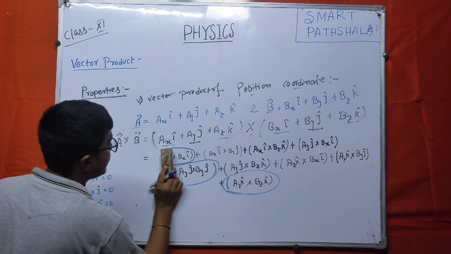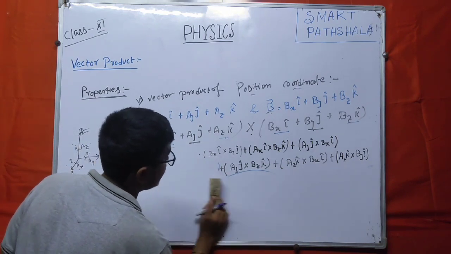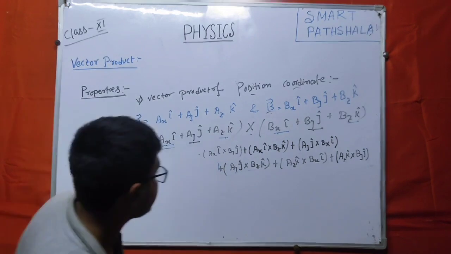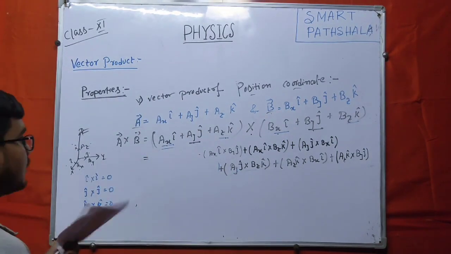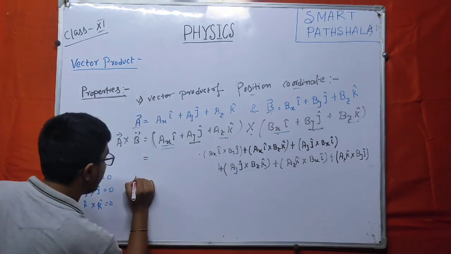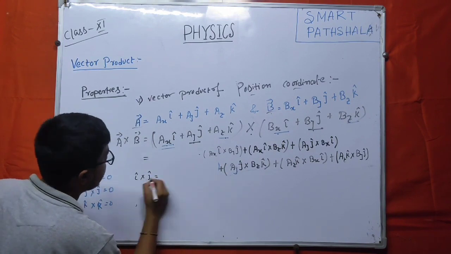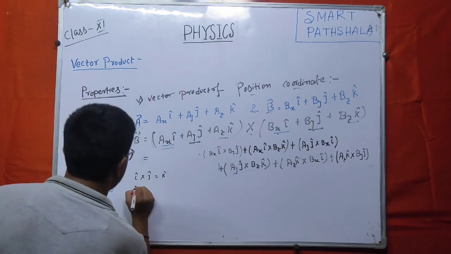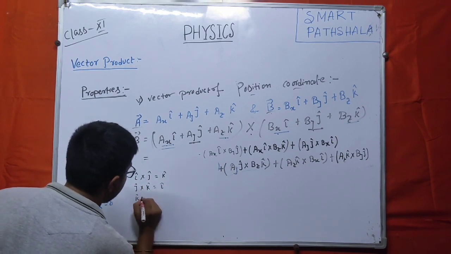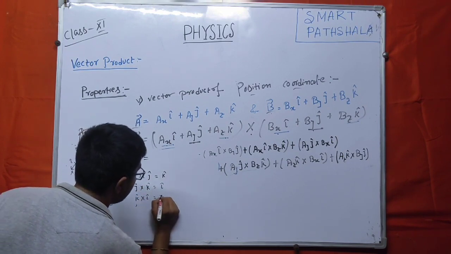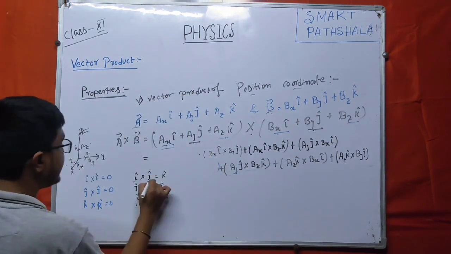That means these three parts will become 0, so we will first remove them. Next, in our last property we have read that I cross j is equal to k cap, j cross k equals I cap, and k cross I equals j cap. Now look, where is ij?